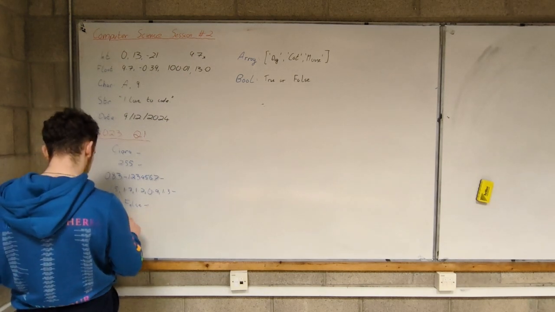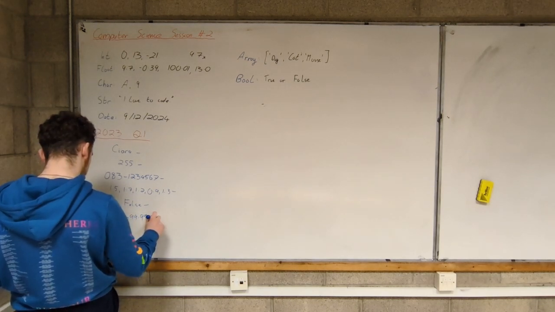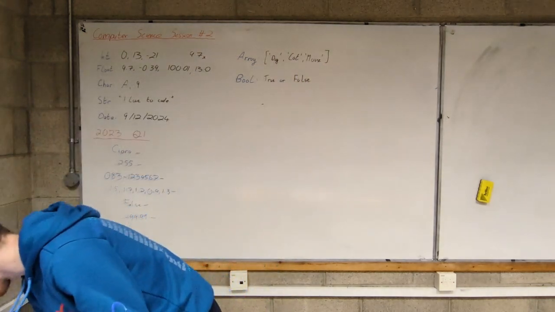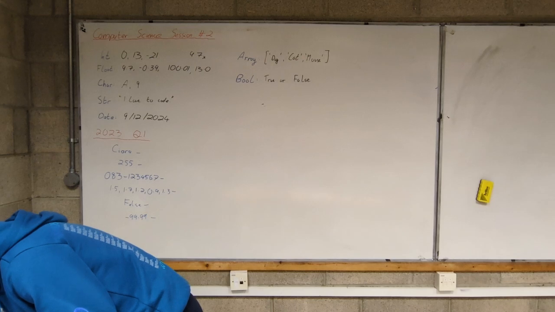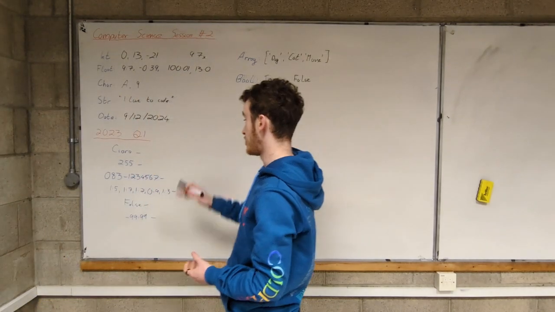False. And then finally the number minus 99.99. So now we need to correctly identify the type of data that each of these is.